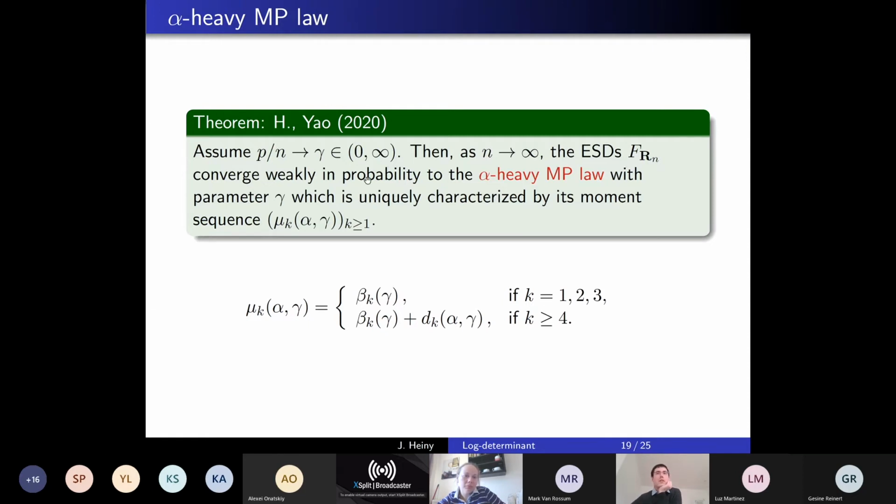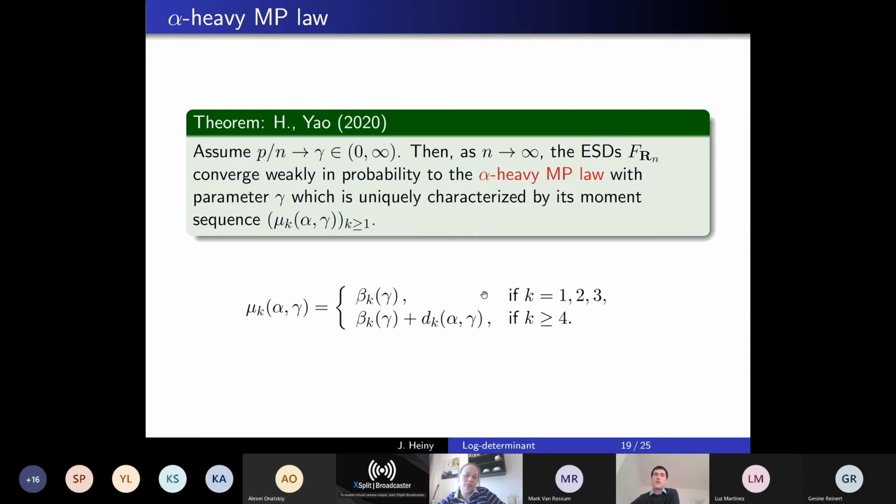And this alpha heavy Marchenko-Pastur law is uniquely characterized by its moment sequence, this mu k, so the kth moments, and it depends on alpha and the parameter gamma. And this kth moment can be written in the following way.